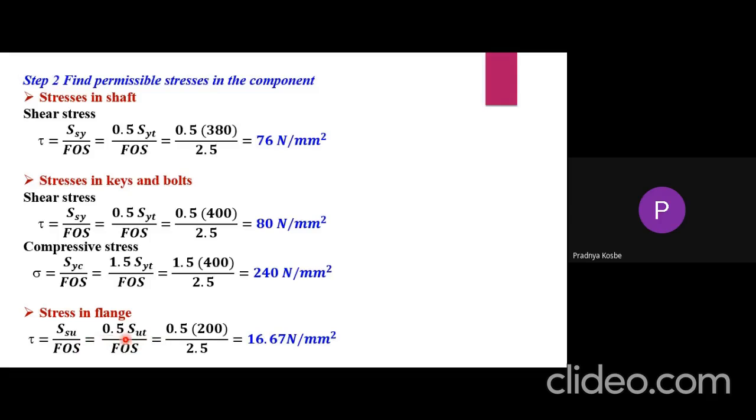So SSU is equal to 0.5 times SUT, and tau is equal to 0.5 SUT divided by factor of safety. Ultimate tensile strength is 200. So put that value. Factor of safety is again 2.5, and we get permissible stress in a flange as 16.67 Newton per mm square.